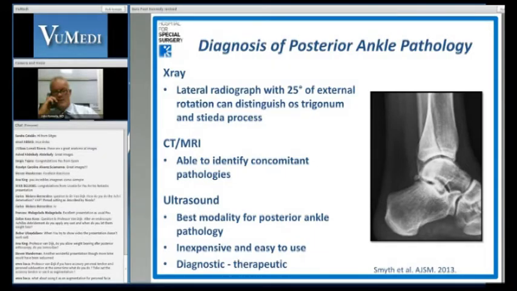MRI is very useful for intra-articular pathology, such as OCLs, and for soft tissue impingements. But I think I found in the era of healthcare cost containment that ultrasound is probably the best modality for me to identify soft tissue pathology and to be diagnostic with selective injections, and occasionally therapeutic with selective injections in this area.